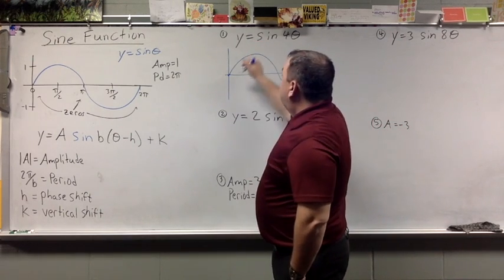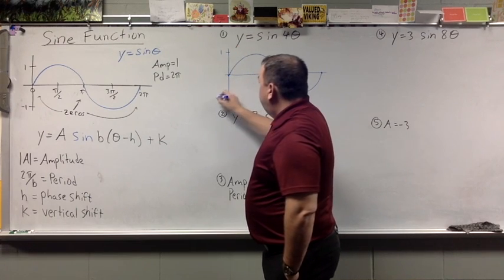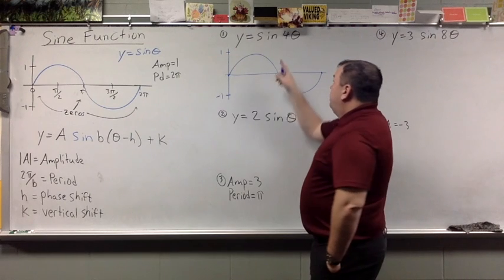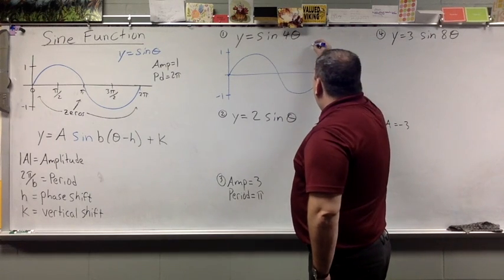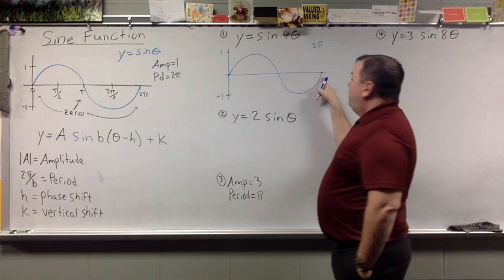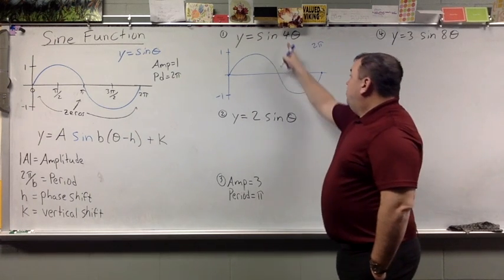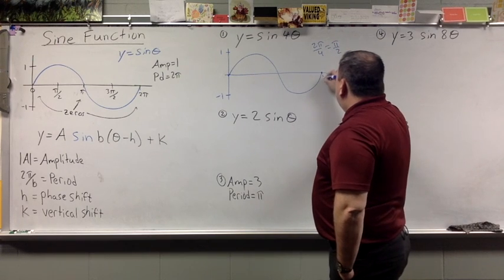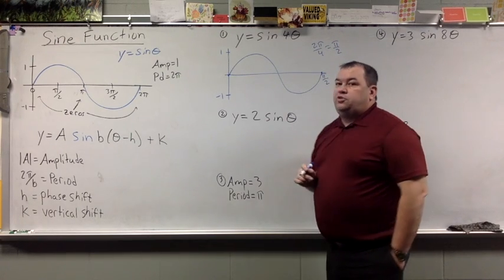Now there's nothing in front, so this still has the same amplitude of 1. That's what's normal for the sine curve. But what did change is this number right here. Normally, this value right here would be 2 pi. But with the number that's sitting here, and I reduce, this number is now pi over 2.